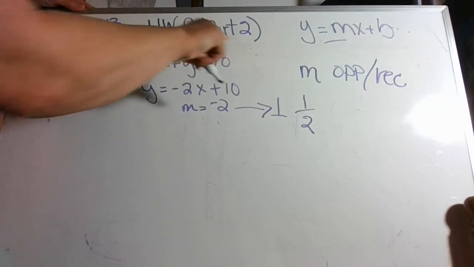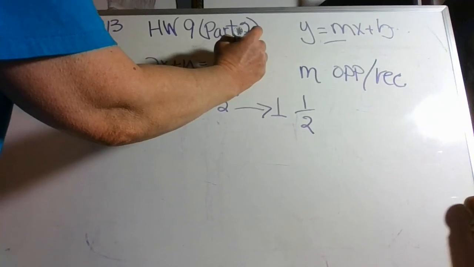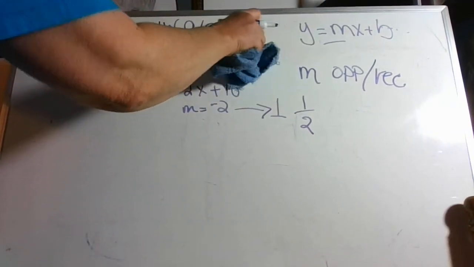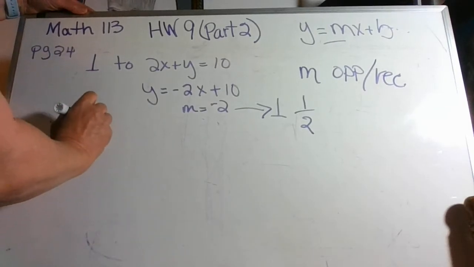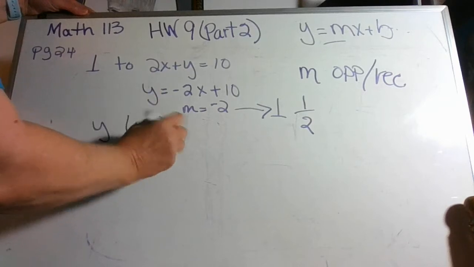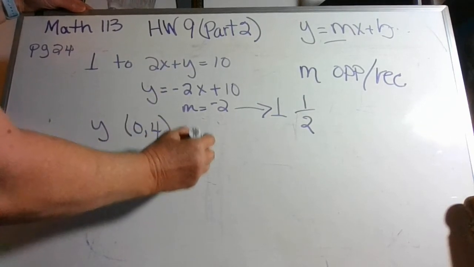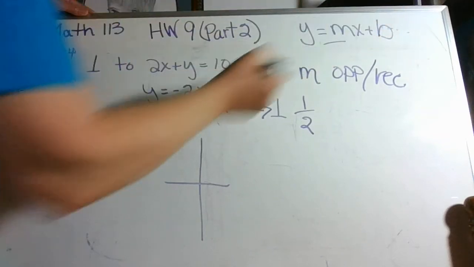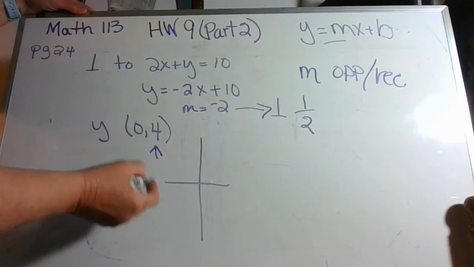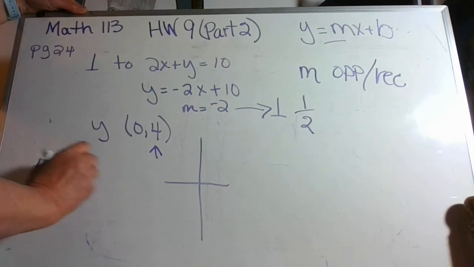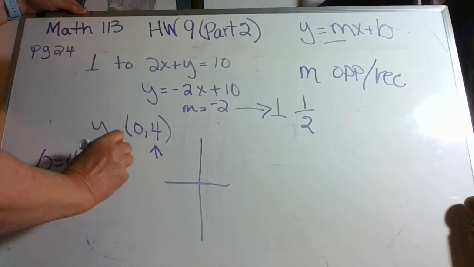You're also given up here that the y-intercept, oh, this was given in the problem. I just forgot to write it down. I'll write it here. So the y-intercept is (0, 4). If that's the case, remember, the b is the y-intercept, which in this case would be 4. So we have b equals 4 and m equals 1/2.